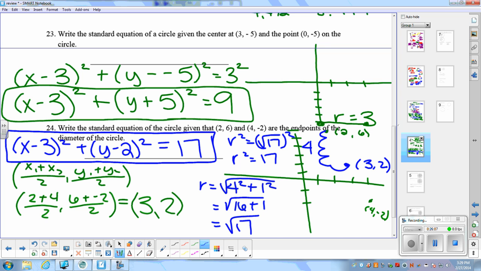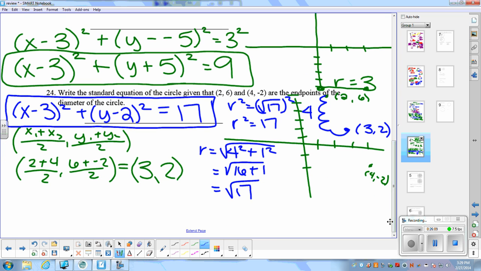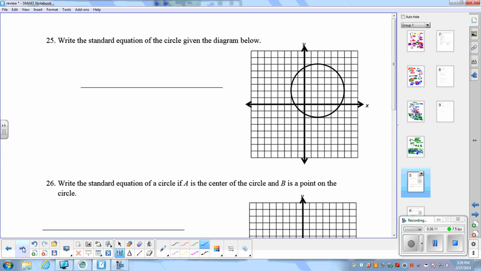So there's my equation. Next problem. I have to write the standard equation of the graph written below. Well, I'm going to look at my diameter. Here's my diameter. That looks like it has a distance of 1, 2, 3, 4, 5, 6, 7, 8.